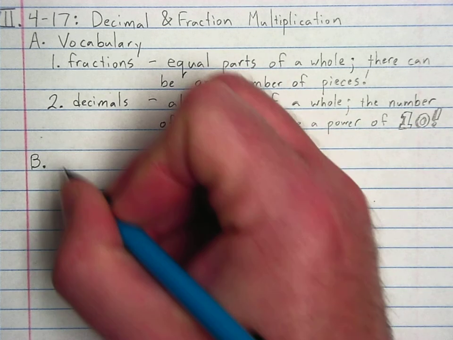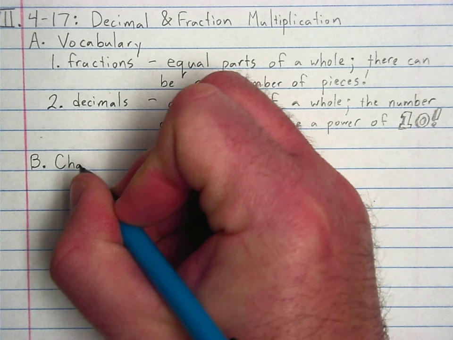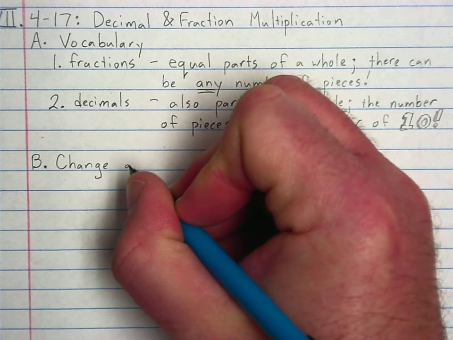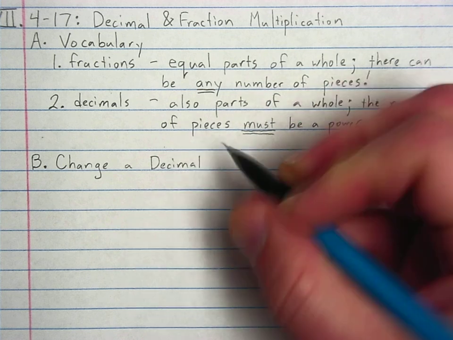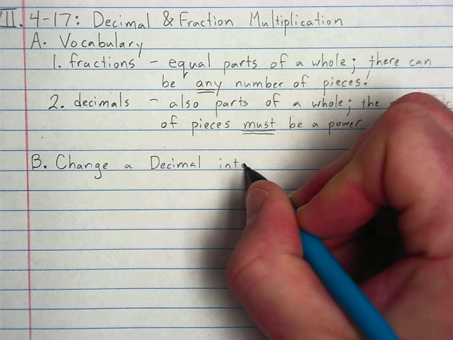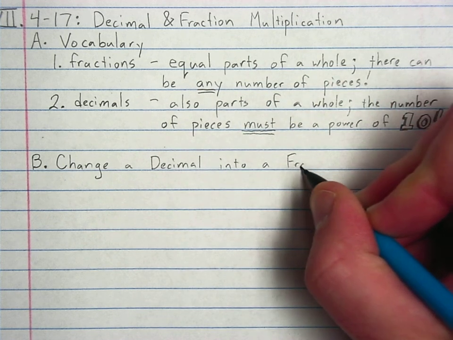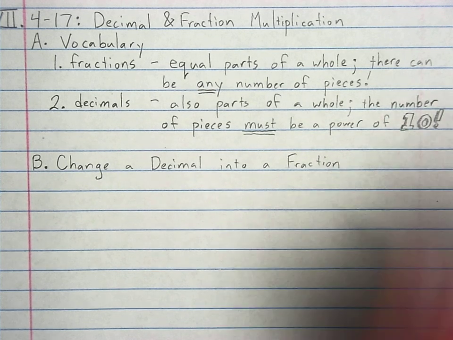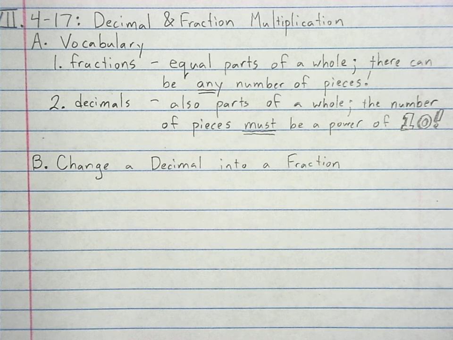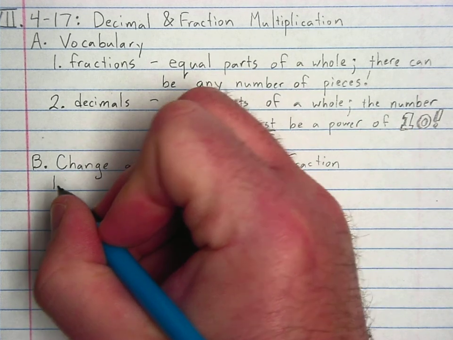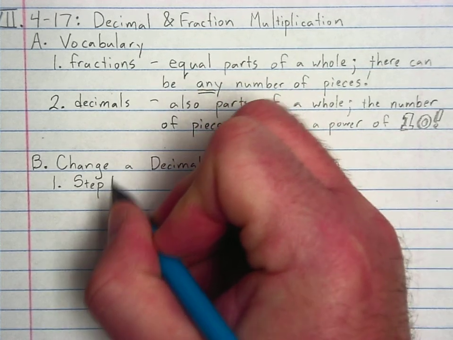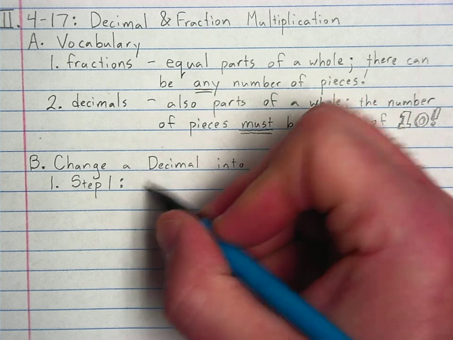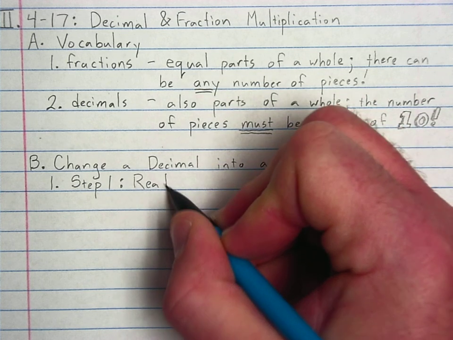For part B, we're going to start by talking about how to change a decimal into a fraction. And again, depending on the decimal, sometimes this is really easy. Step one, because we know I love that. Step one, read the decimal.